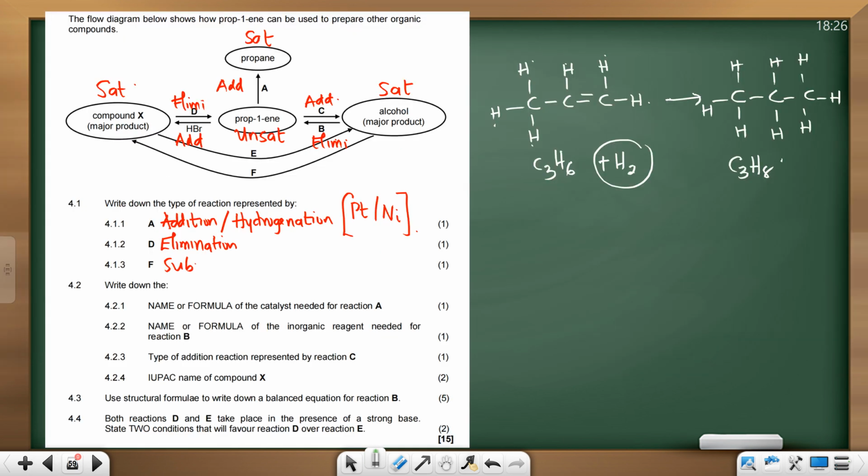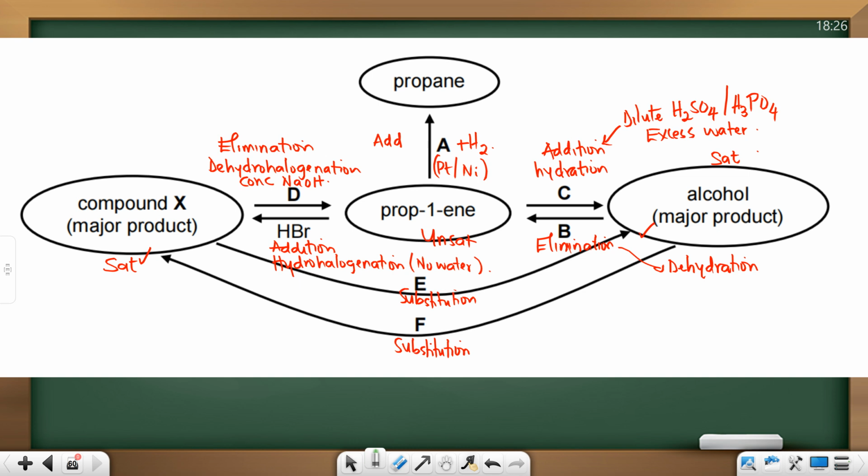Are we okay, everybody? Last one, IUPAC name of X. Let's see, where's X? IUPAC name. Okay, I want us to do that together. IUPAC name of X. Where are we starting from? From prop-1-yne. And we are adding what?